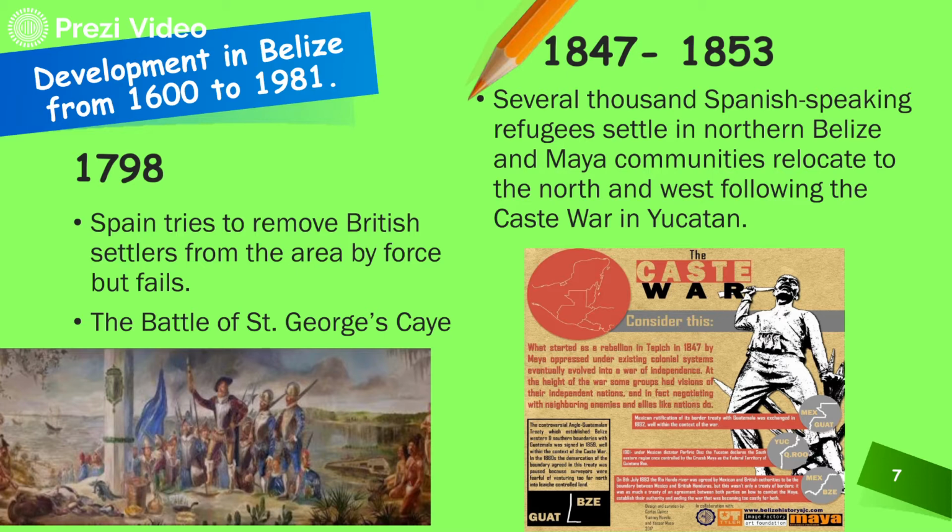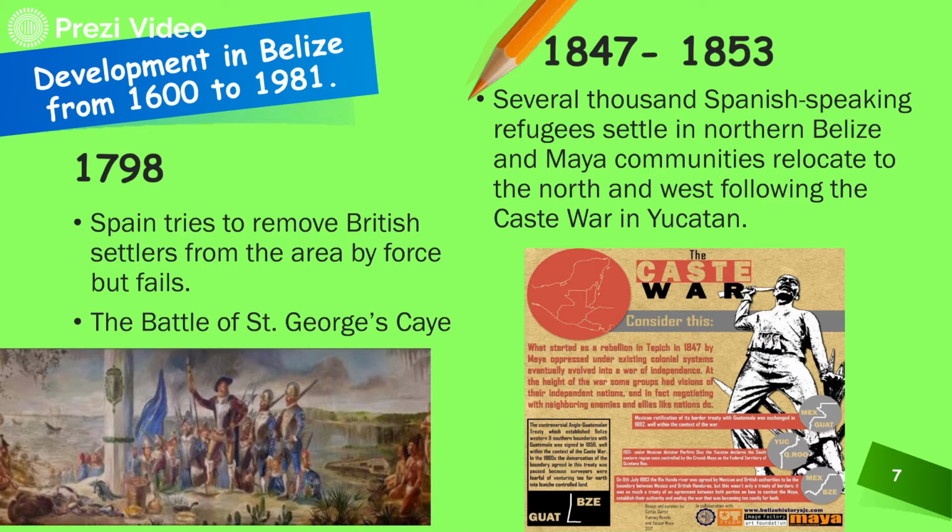In 1847 to 1853, several thousand Spanish-speaking refugees settled in northern Belize, and the Mayan communities relocated to the north and west following the Caste War in Yucatan, or La Guerra de Castas. Now, in Belize today, boys and girls, you still notice that in the northern part of our country, you will mostly find Spanish-speaking people.